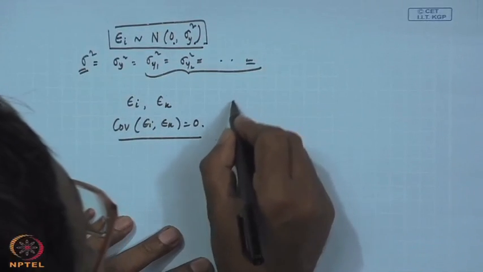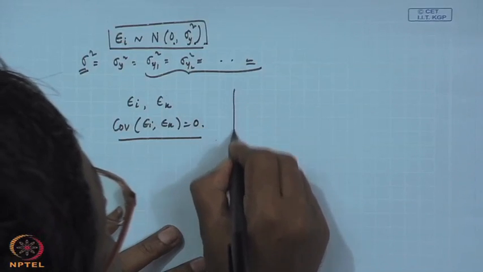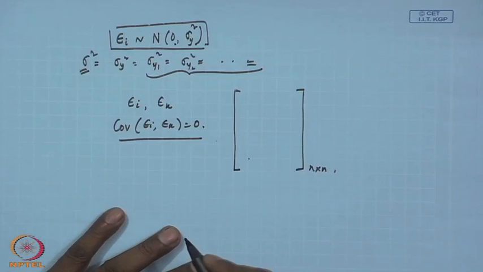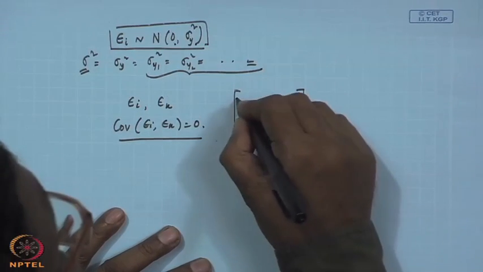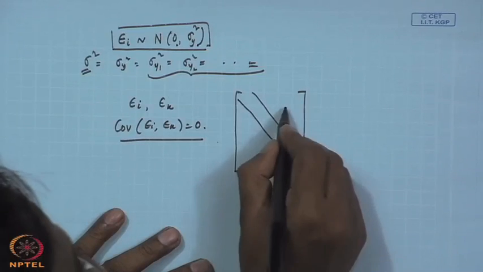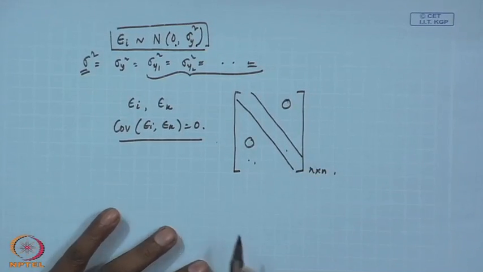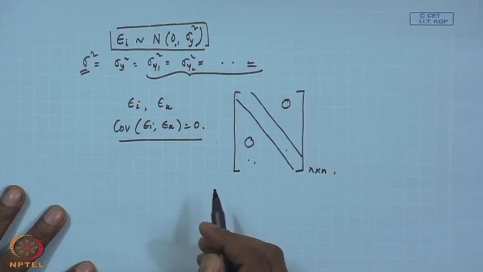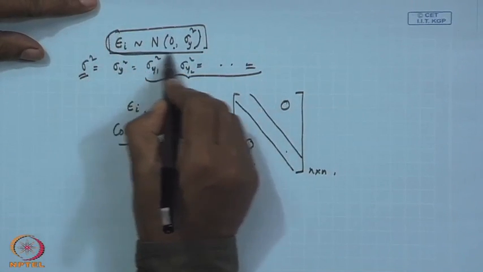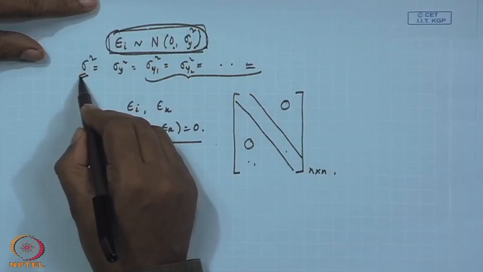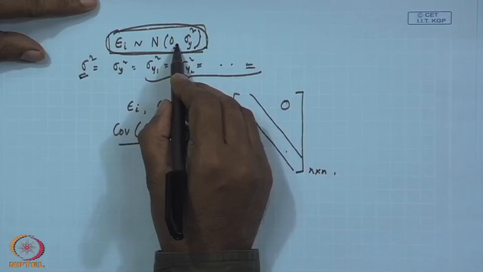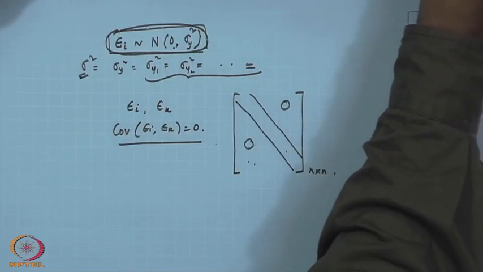As there are n errors, if I see the covariance matrix between the error terms, you will get an n cross n matrix. Diagonal elements will be the variance and off-diagonal elements should be 0. That is what uncorrelated error terms means. And normality of the error is this: error will follow normal distribution with mean 0 and variance sigma square. So, these are the assumptions.